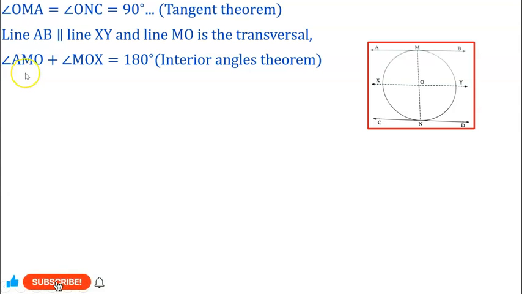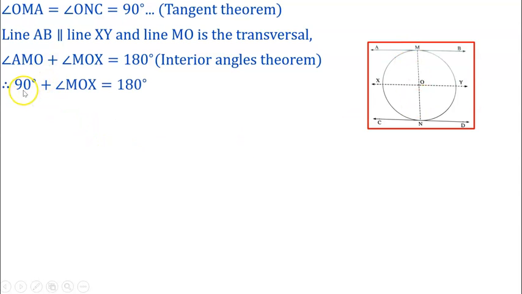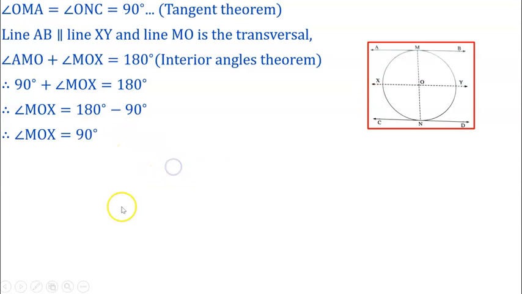Therefore, measure of angle AMO plus measure of angle MOX is equal to 180 degrees, by the interior angle theorem. Therefore, 90 degrees plus MOX is equal to 180 degrees. Therefore, measure of angle MOX is equal to 180 degrees minus 90 degrees. You will get the measure of angle MOX is equal to 90 degrees.